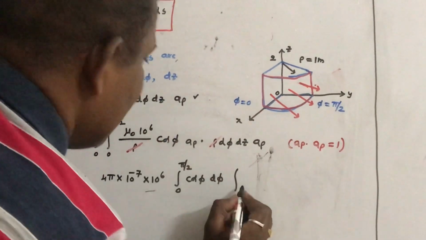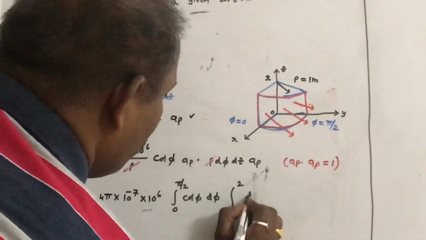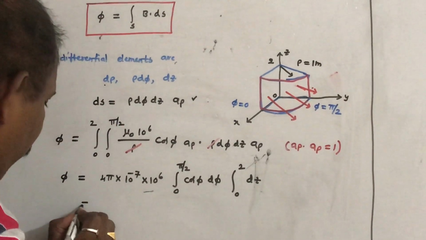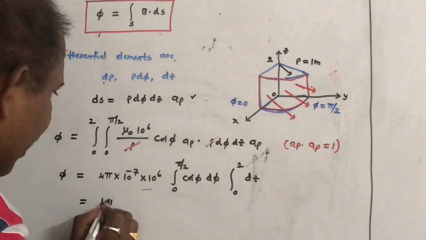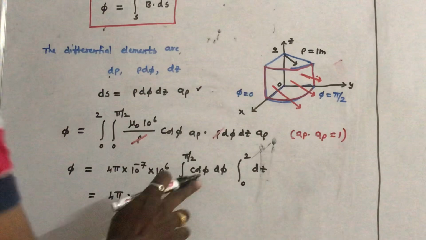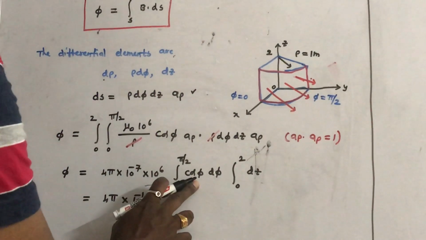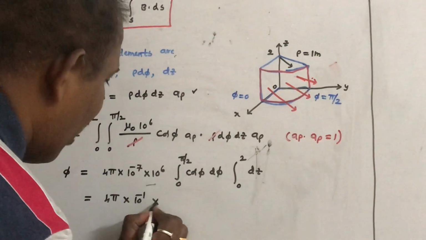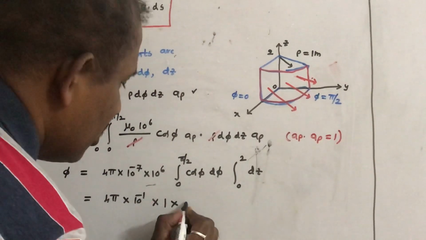Only z is there in the other, where z varies from 0 to 2 dz. The integral of cos phi is sin phi, sin pi by 2 is 1 and sin 0 is 0, so the answer of this integration is 1. The answer of the other integration is 2.